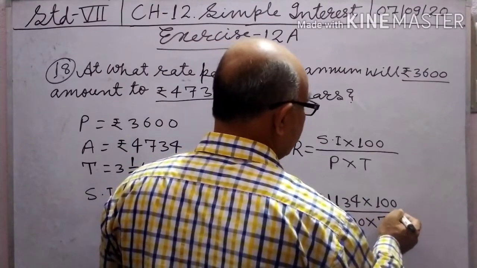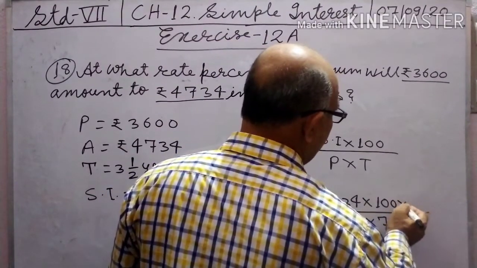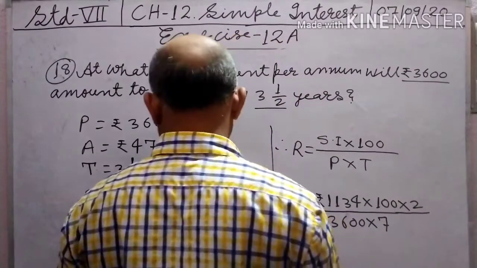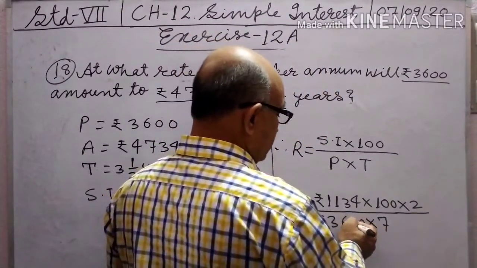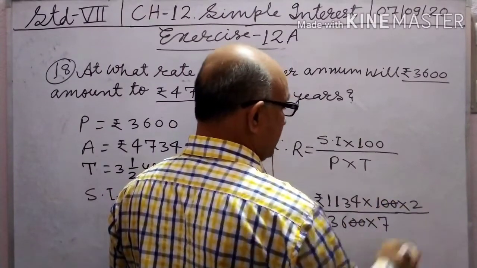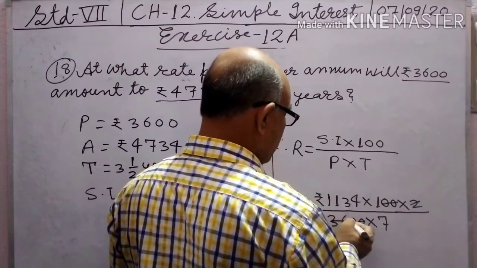So 7 multiply by denominator and 2 multiply by numerator. So 7 by 2. Now divide it. Double zero to double zero cancel.